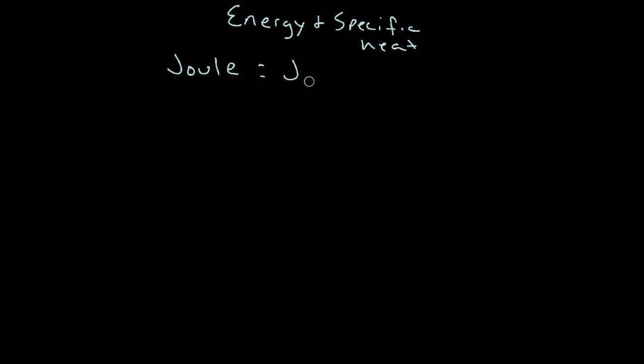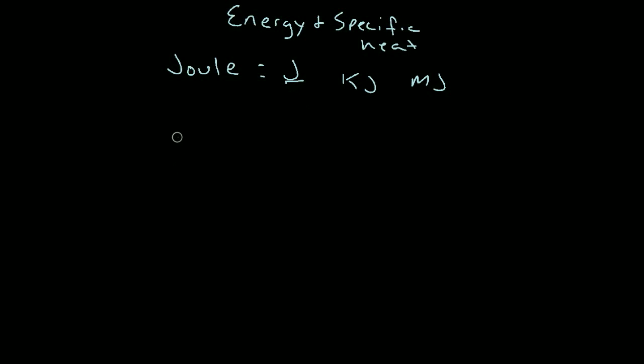And we can add prefixes to this like kilojoules or megajoules, and things like that to increase or decrease the value for it. But this is our base unit, would be joules right there.